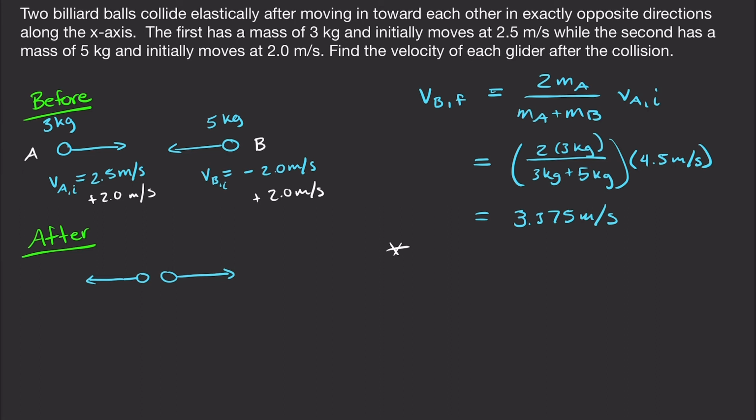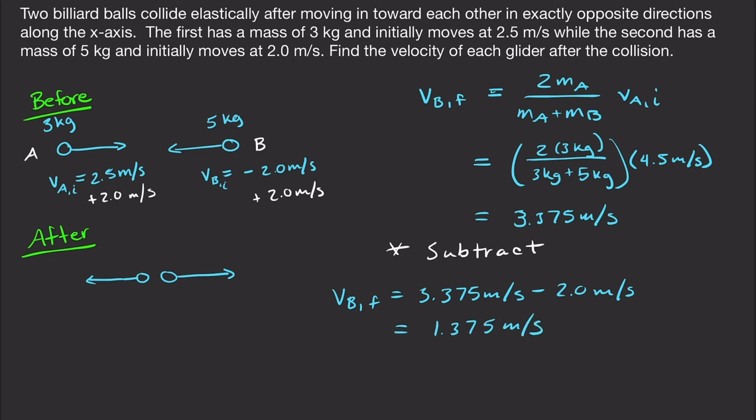Again, in order to use these equations, we have added 2 meters per second, so now we need to subtract from our result, and we get the final velocity of B is 3.375 minus 2 meters per second, and that gives us 1.375 meters per second.